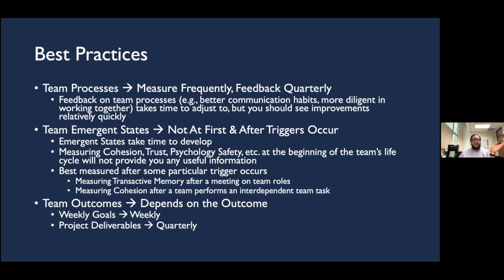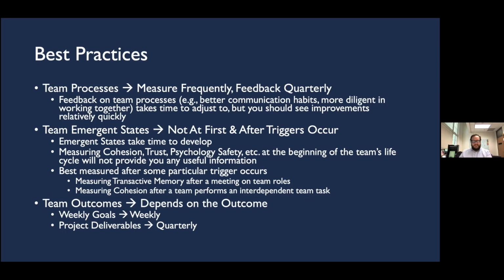Emergent states, you shouldn't measure them at first, and you should measure them after some sort of incident or trigger occurs. So emergent states take time to develop. If you ask me how much I trust my other team members right from the get-go, or cohesion or psych safety, they're not going to provide you with a lot of information. Emergent states, well, emerge over time.